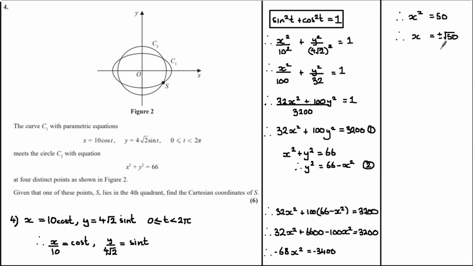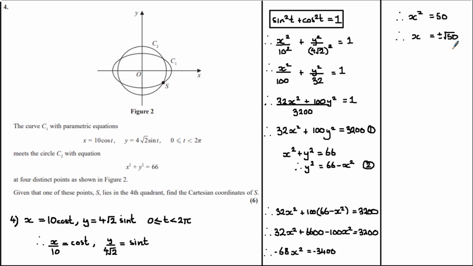Okay? Now based off of this question, we know the point S lies in the fourth quadrant. So the value of x must be positive, and therefore we're going to take x as equal to positive square root of 50.